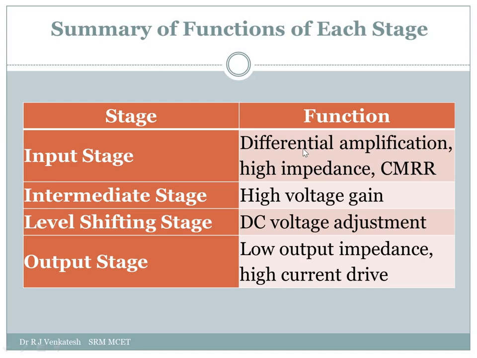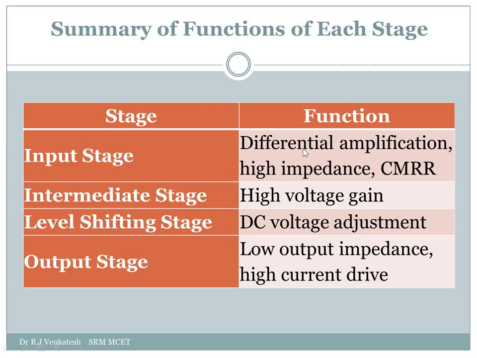In the second stage you do high voltage gain amplification. The third is the level shifting stage, where your DC voltage is adjusted. The output stage provides low output impedance and high current drive. That is the main functionality of each stage.